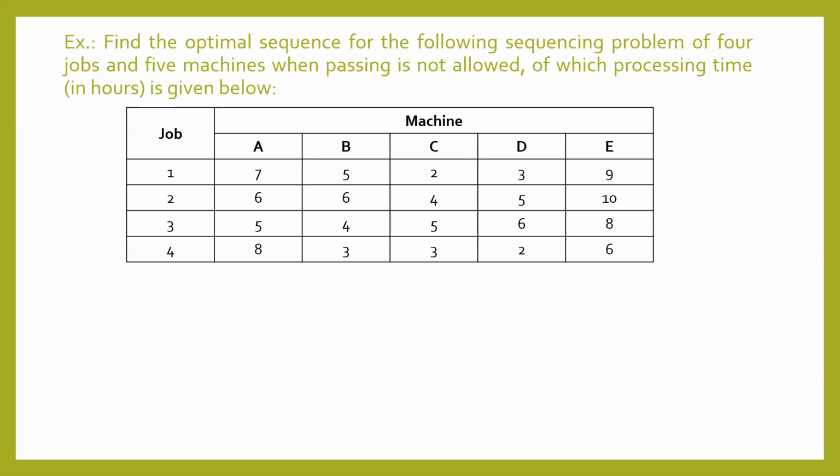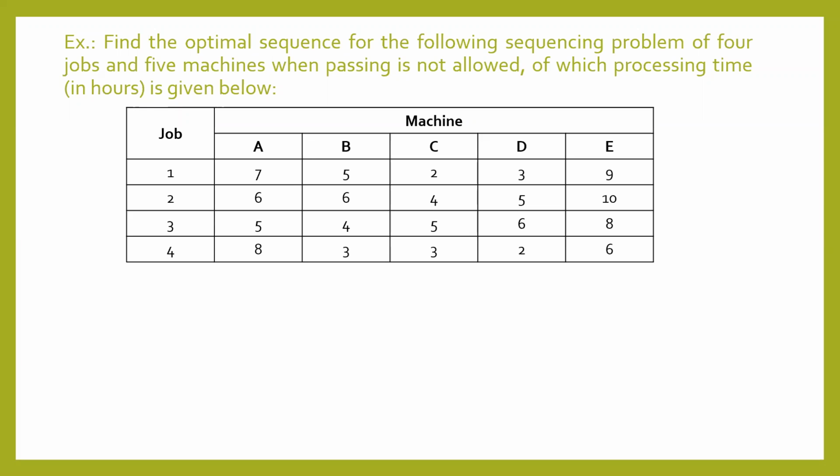The minimum of A is 5, which is neither greater than nor equal to 6. So the first condition is not satisfied. Let us check the second condition. What is the minimum of E? It is 6. And the maximum between B, C, and D, that is 6, 5, and 6, is 6, which is equal to 6. So the second condition is satisfied.